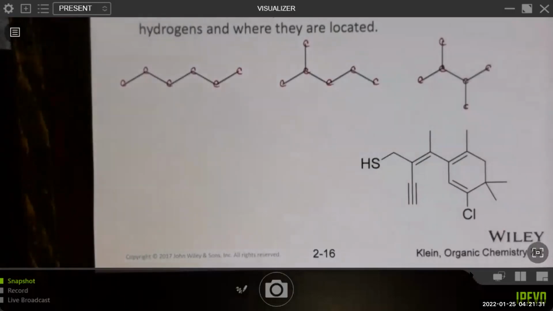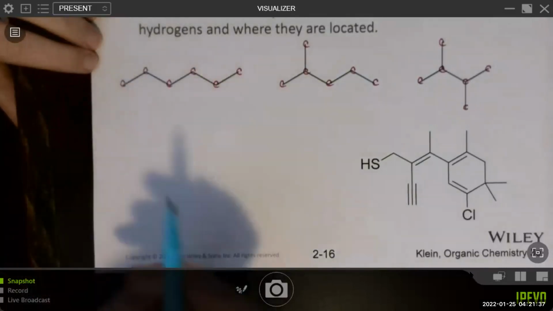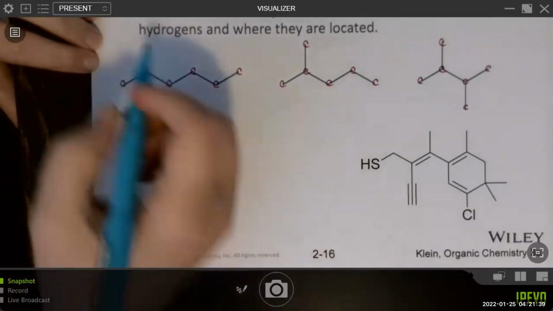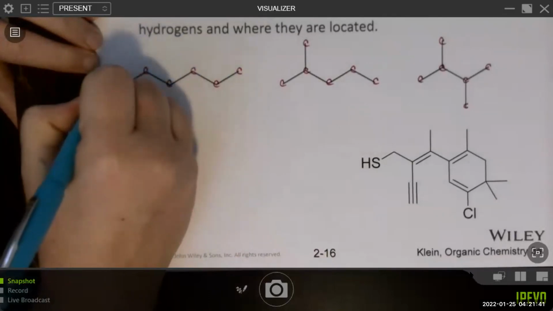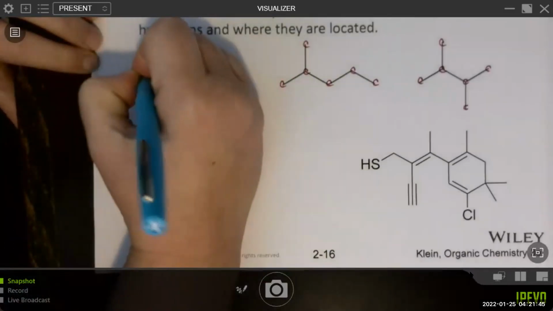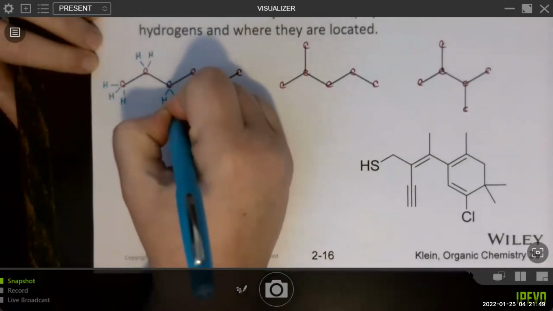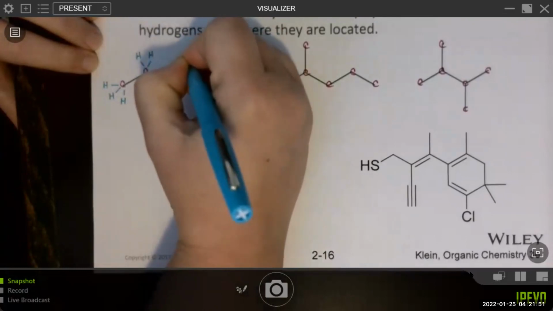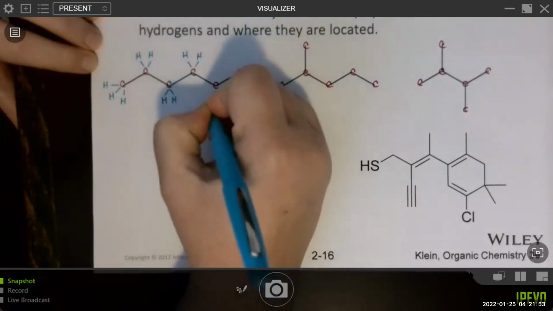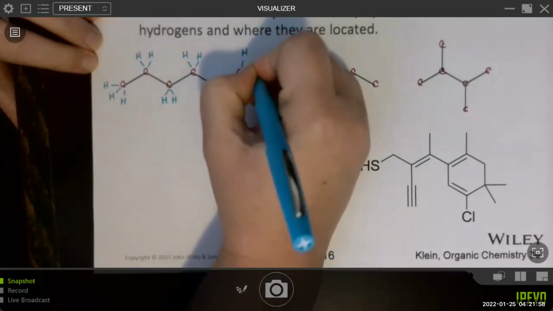What about the hydrogen atoms? How many are there? Where are they located? So this carbon is making 1 bond to another carbon, which means that it also has to have 3 hydrogens attached. Each of these center ones will have 2 hydrogens attached because they each are making 2 bonds to other carbons. But any on the end will have 3 hydrogens attached.